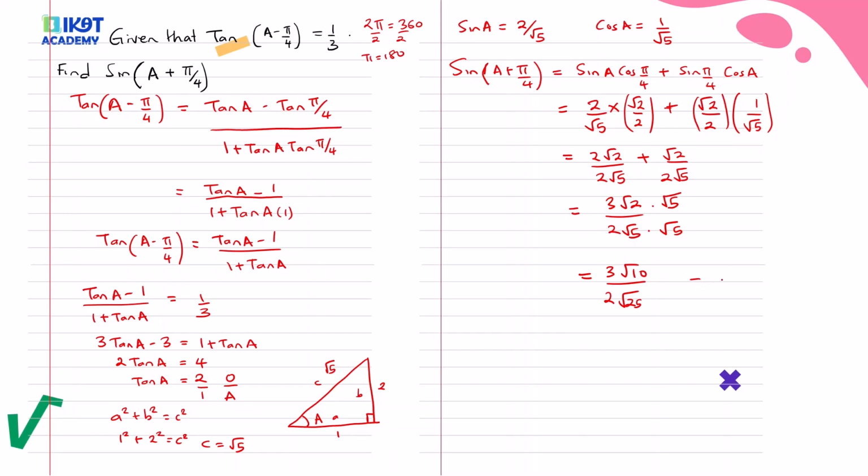So this will be 3 root 10 out of 2 times 5. So you see we have 3 root 10 out of 10. Okay, so we found the sine of A as pi out of 4.